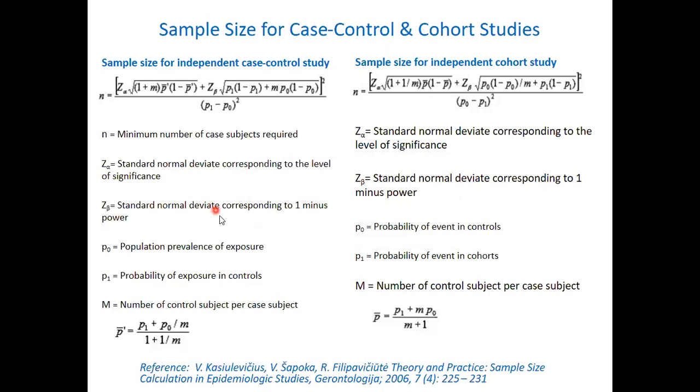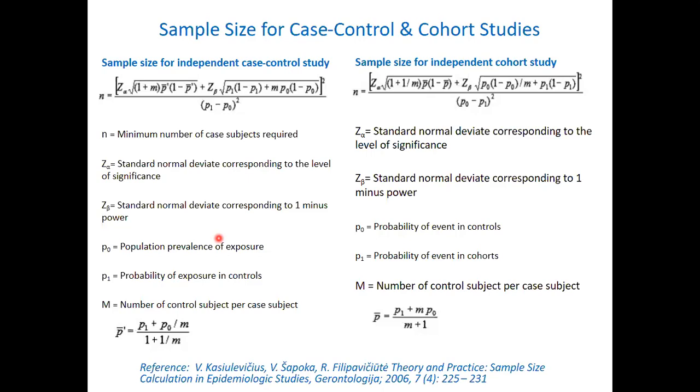Now the power criterion is the same thing also. The power is usually one-sided. So the standard normal deviation corresponds to 1 minus power. If you remember, the other one corresponds with the level of significance, and this one corresponds to 1 minus power.